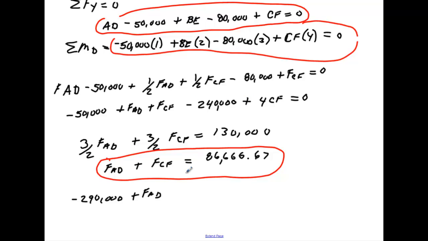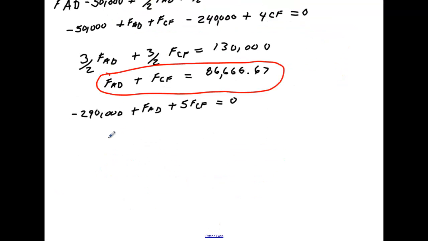I have FCF and that. That gives me 5 FCF. Okay, let's clean that equation up and then we can probably solve this problem. So we can make that into FAD plus 5 FCF is equal to 290,000.